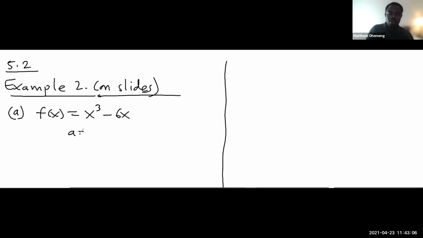And then a is equal to 0, b equal to 3, and we are using 6 subintervals. So it says, evaluate the Riemann sum for this, taking sample points to be right endpoints.